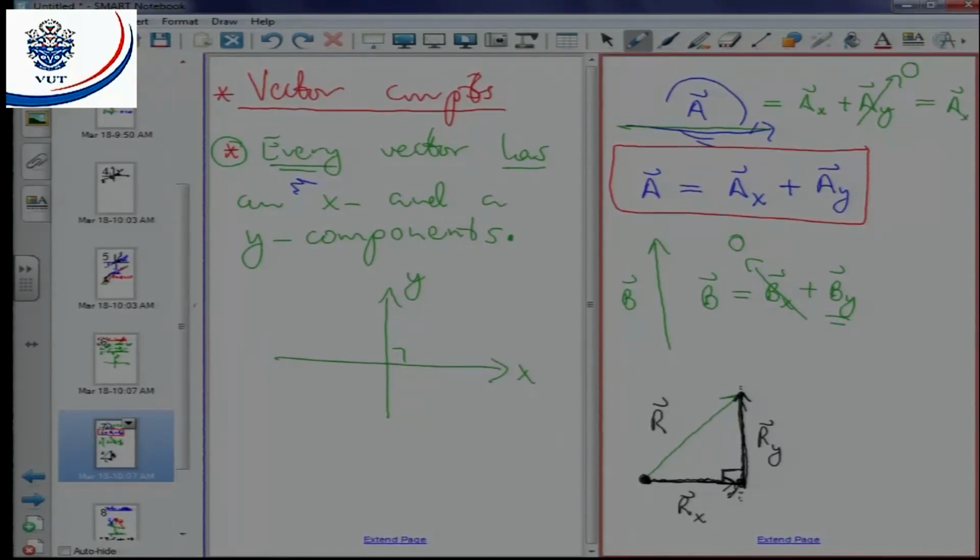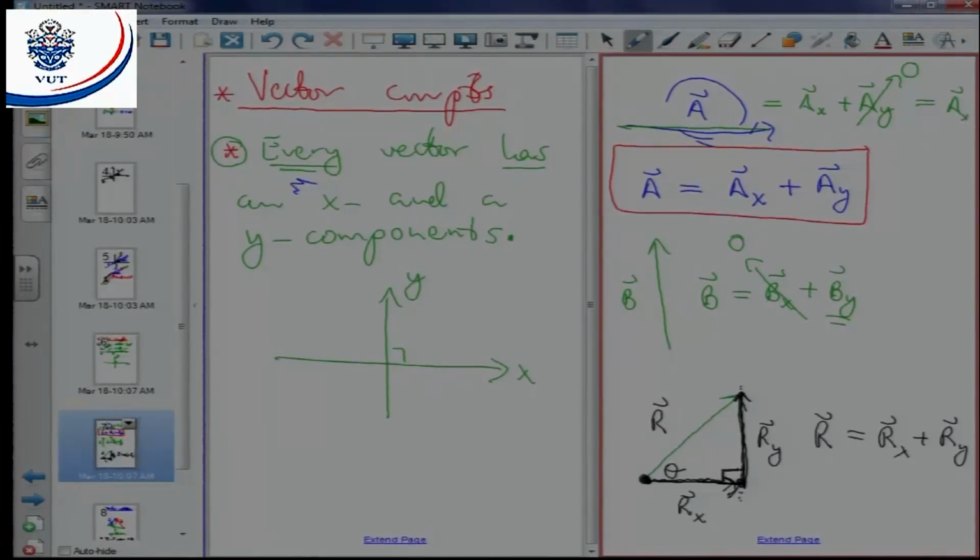And these two are perpendicular, and then the vector r forms an angle theta with respect to the x-axis. Okay, so in general r equals rx plus ry. Don't forget that these are vectors.